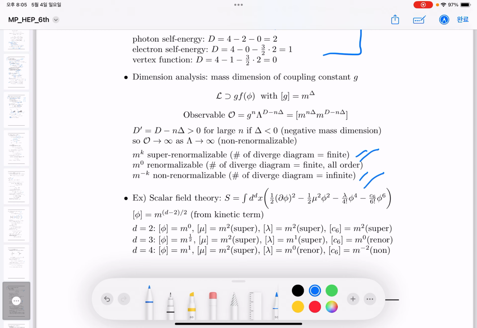And depending on the space-time dimension, some couplings are renormalizable but some are non-renormalizable, because the mass dimensions of the couplings are different for each dimension of space-time. For example, in the pion system, the C6 has mass dimension minus 2, so this is a non-renormalizable higher-dimensional operator.